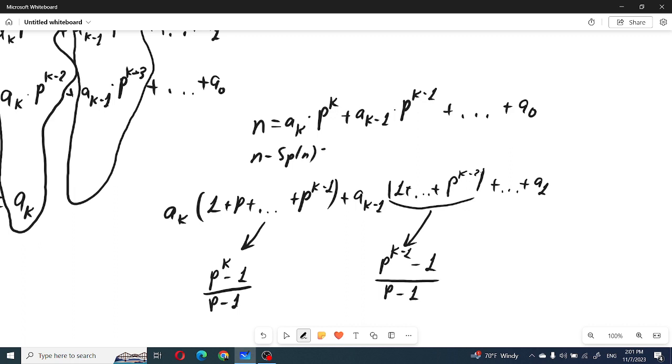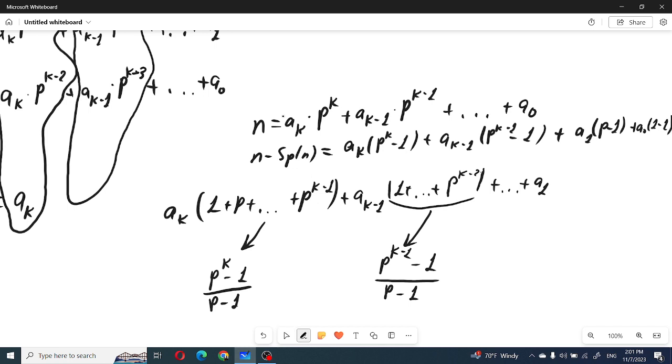This number will be ak times (p to the k minus 1) plus ak minus 1 times (p to the k minus 1 minus 1), and the last ones will be a1 times p minus a1, which is a1 times (p minus 1), and the last number will be a0 times (1 minus 1).